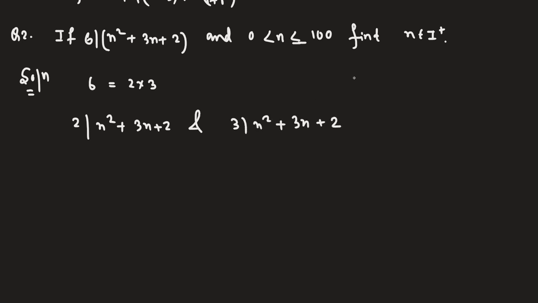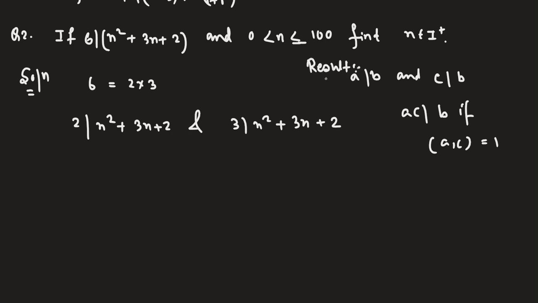Because we know that if a divides b and c divides b, then ac divides b, provided their GCD is 1. So here we are going to use this result.